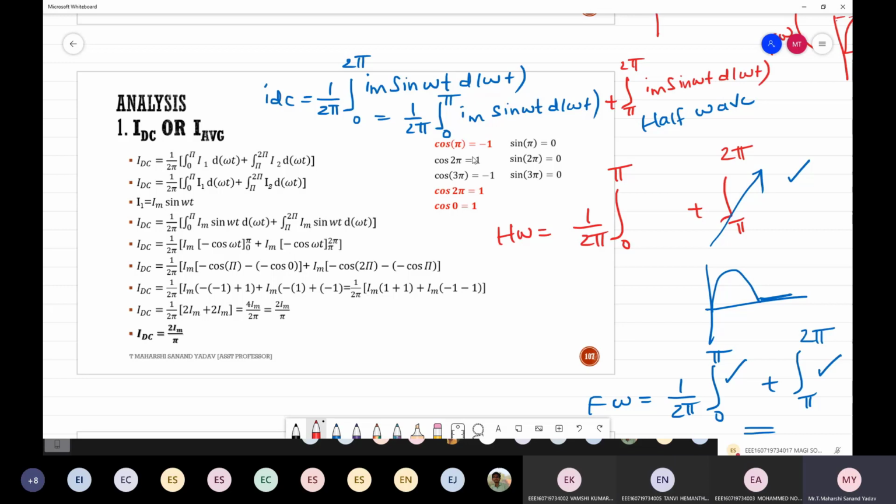Tell me the answer. You try to solve it. As you know, what is the integration of sine? Minus cos or cos? Minus cos theta. Better solve it quickly and tell me the answer. How much are you getting?